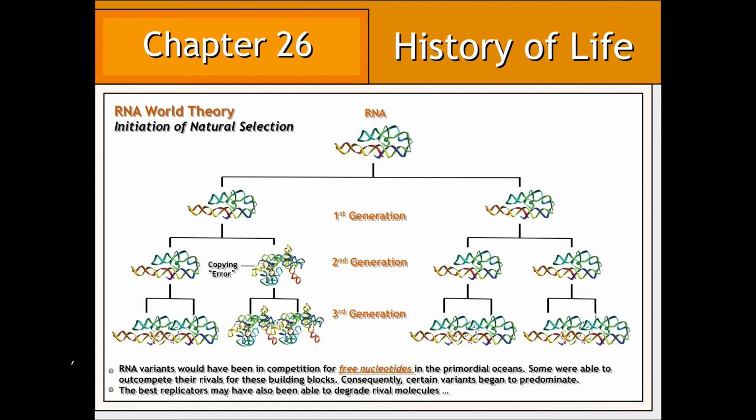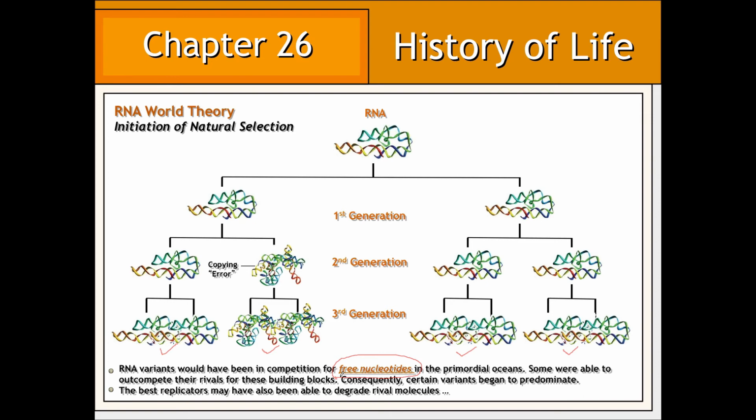RNA, as the first self-replicating molecule, would have been prone to copying errors during the replication process, thereby giving rise to an array of variants, all in direct competition with one another for vital resources. In this case, free nucleotides necessary for replication.